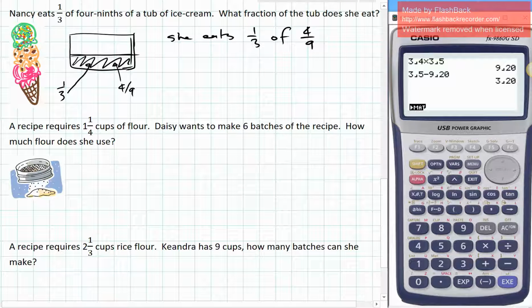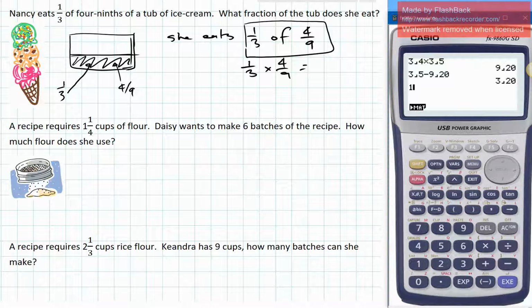So what fraction of the tub does she eat? So she eats this amount here. So going to change that to times, and then just plug that into my calculator. Four 27ths.